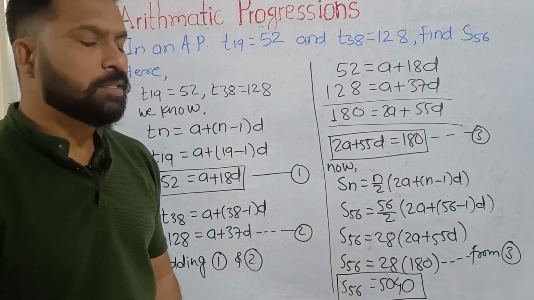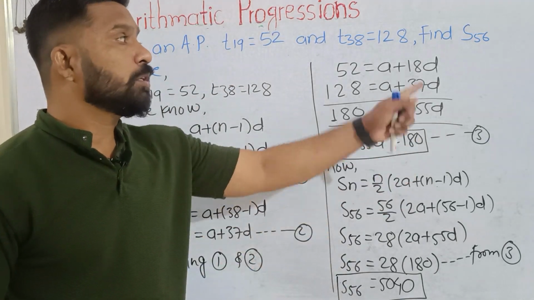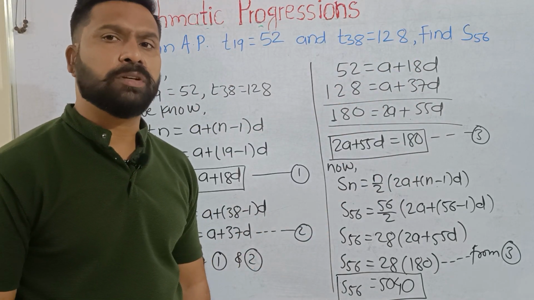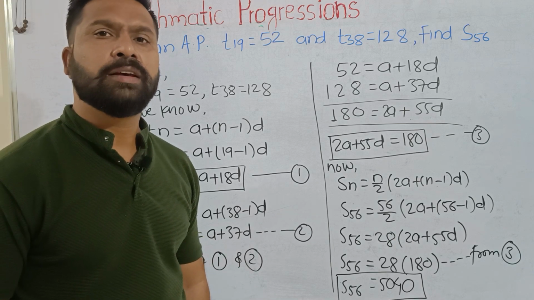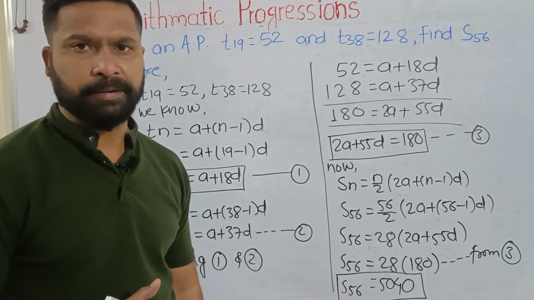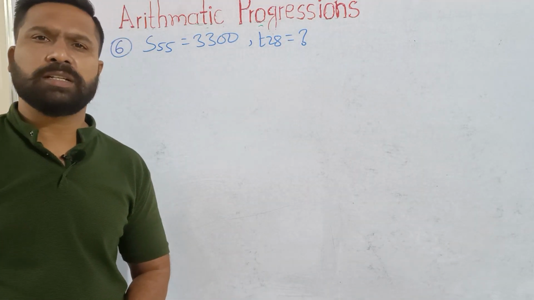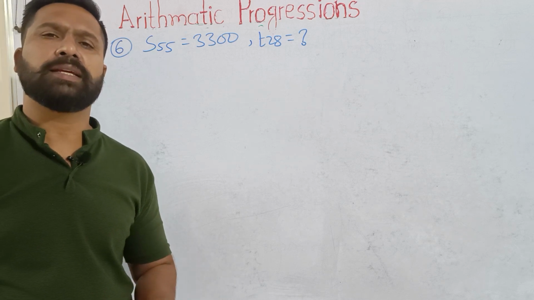Now you can write your answer statement like, therefore the sum of first 56 terms of the given arithmetic progression is 5040.